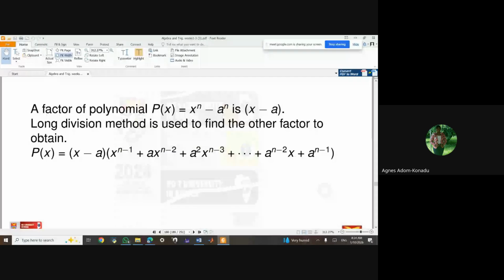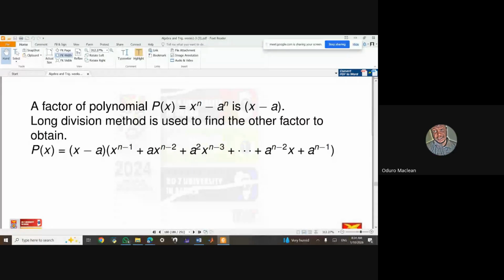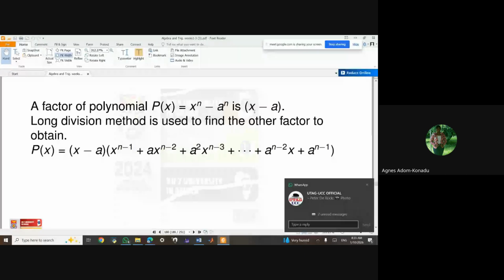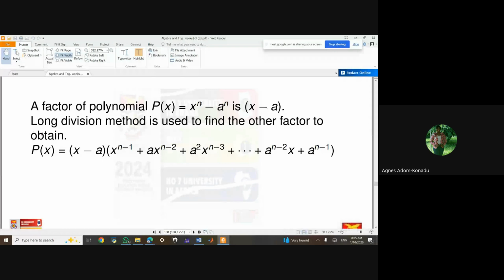When you use long division, this function has x minus a as a factor, and you're going to get the polynomial to be this.